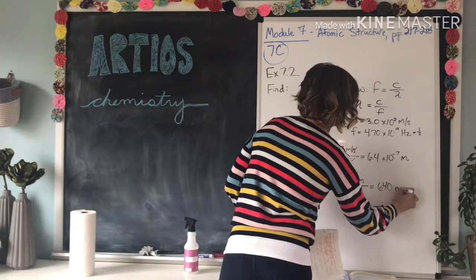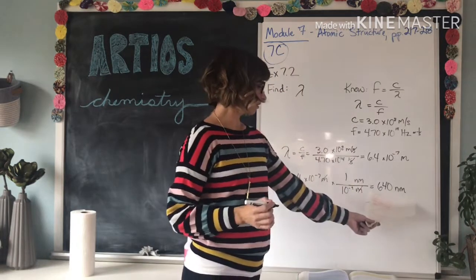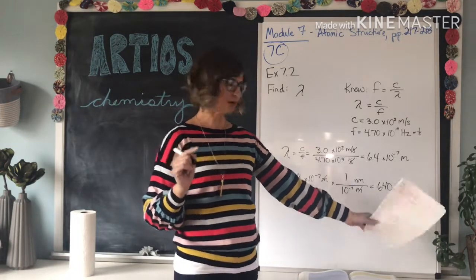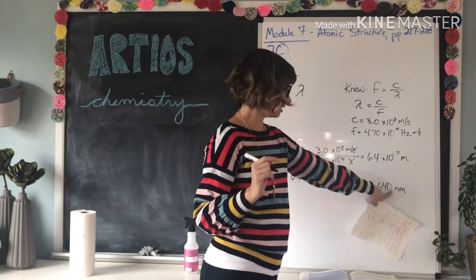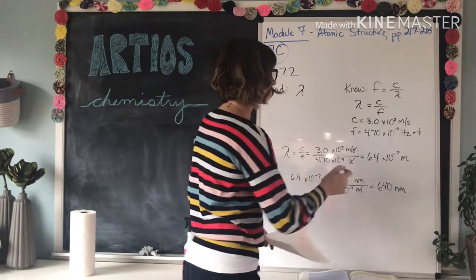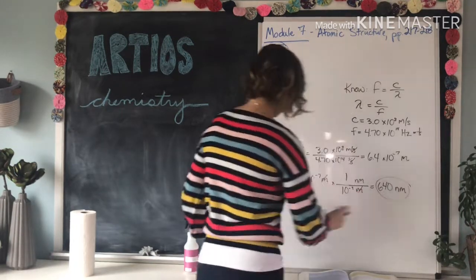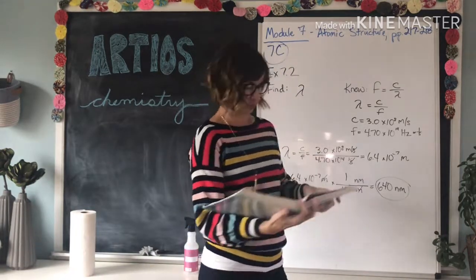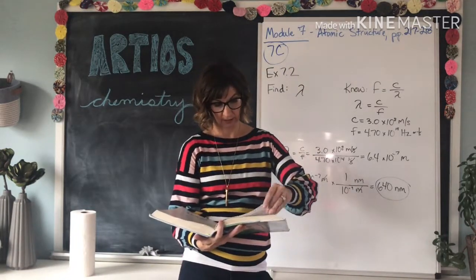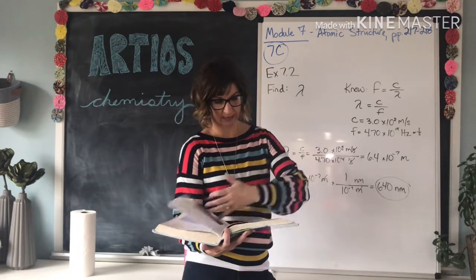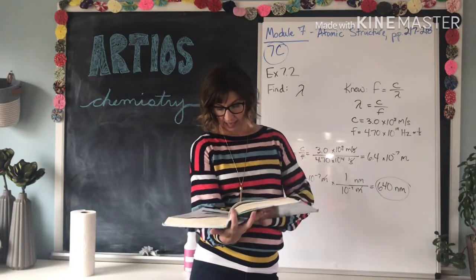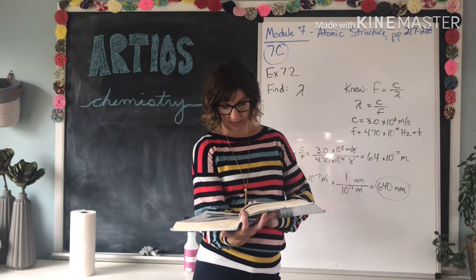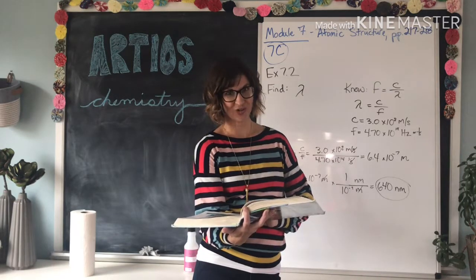640 nanometers. How many significant figures is that? 640. That's right, 2, because the 0 here is not a significant figure. Just the 6 and the 4 are. So my wavelength is 640 nanometers. I'm going to look back to figure 7.8, and I see that 640 nanometers would be orange.